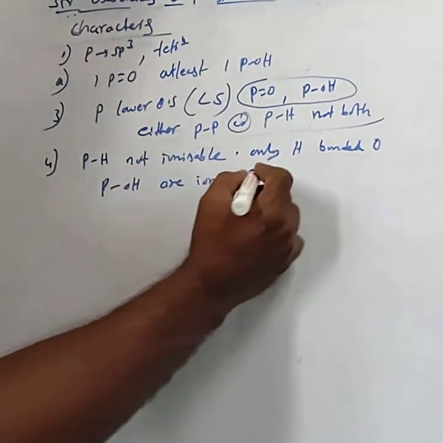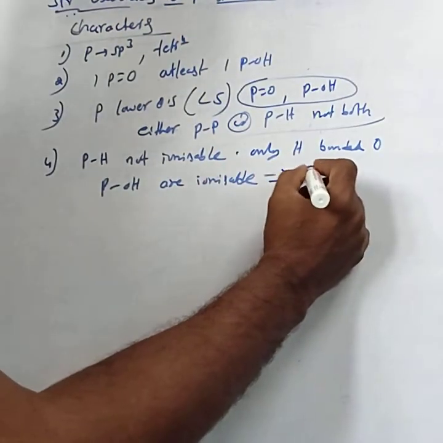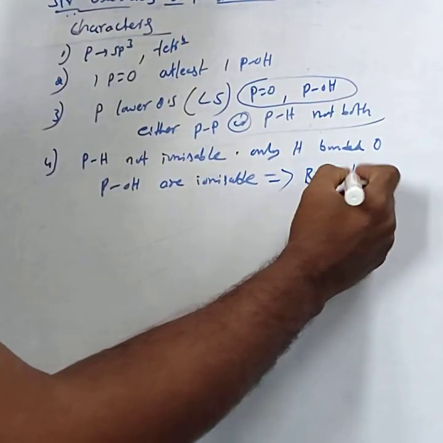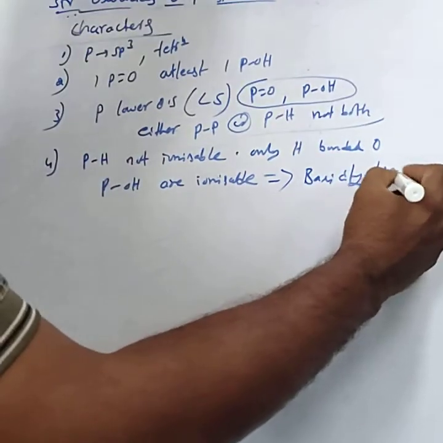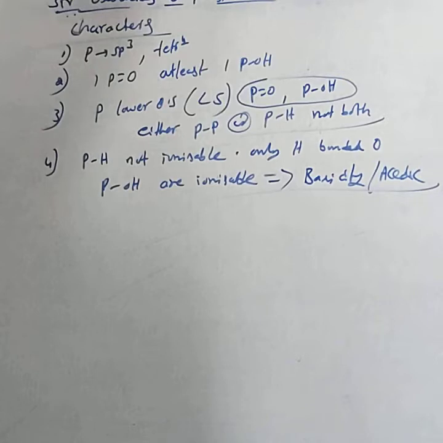And the number of POH bonds is responsible for the basicity or acidic nature. Basicity value is given by only the number of POH bonds. Only POH bonds are ionizable, but not the PH bonds.